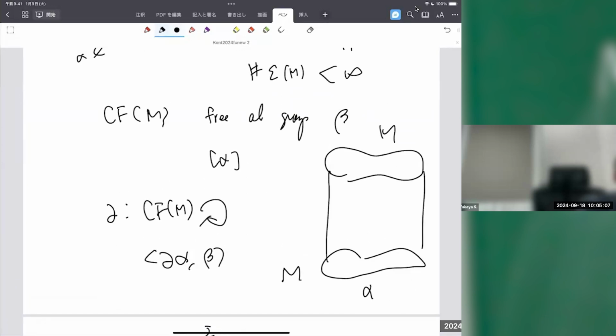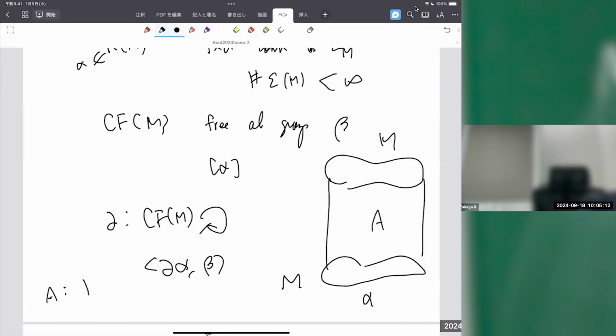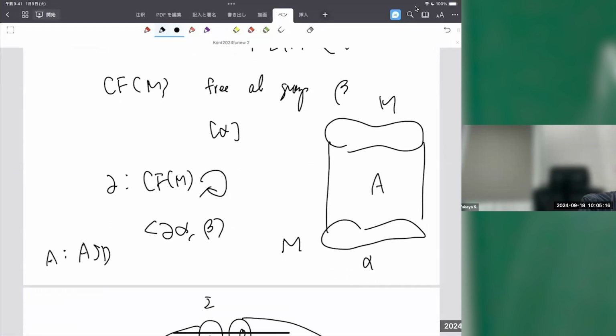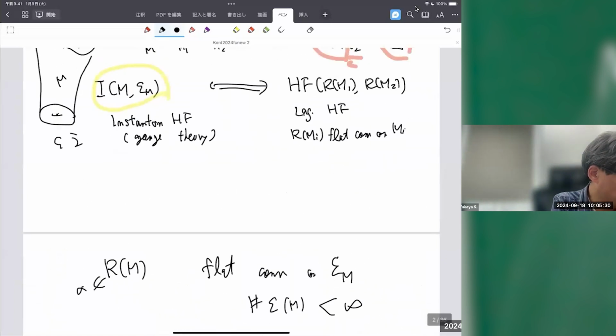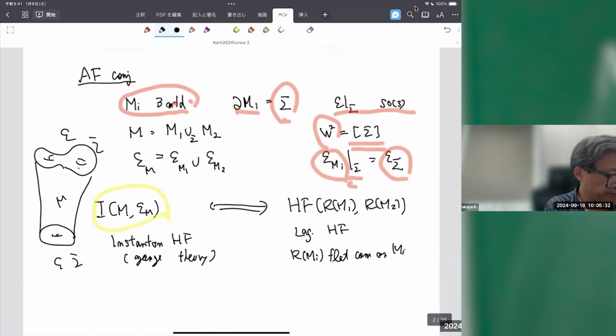And you count the ASD connections, anti-self-dual, some kind of Yang-Mills connections on M cross R, which are asymptotic to alpha and beta at infinity. And if the index is correct, this is a finite number, and you take this as a boundary operator, and you get this chain complex. So this is the instanton homology.